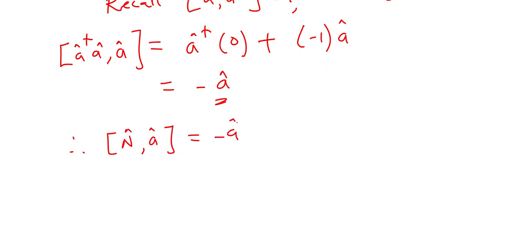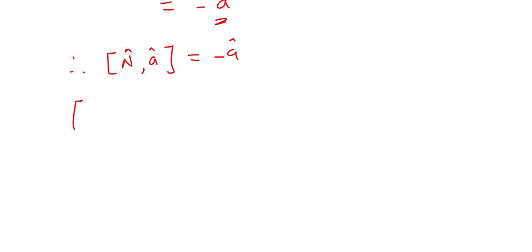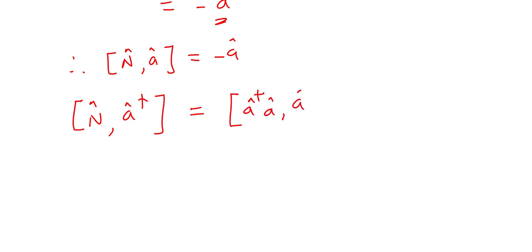So what about the commutator of the number operator and a dagger? What will it give us? Again, you use the same principle. The number operator is a dagger a, so a dagger a comma a dagger.